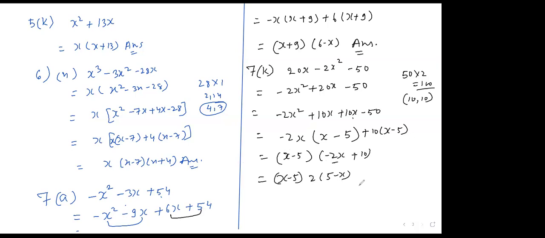Yeah. So this will be the answer. And if you take negative 2, then you can write this as x minus 5 whole square as well. Getting me? If you take negative 2, then it will be x minus 5 times x minus 5. The simplest approach.